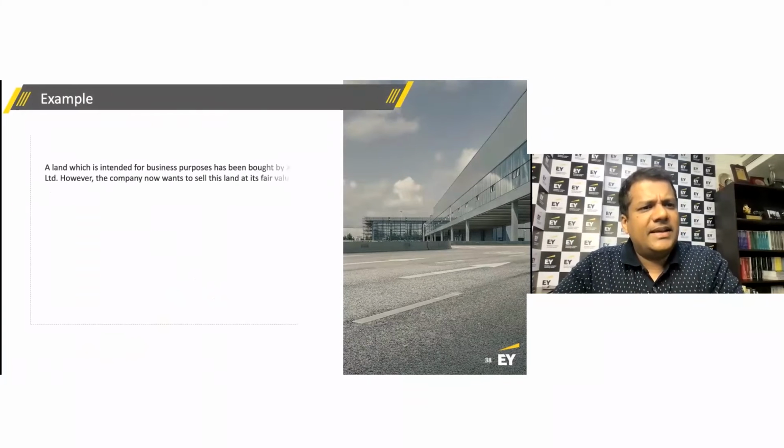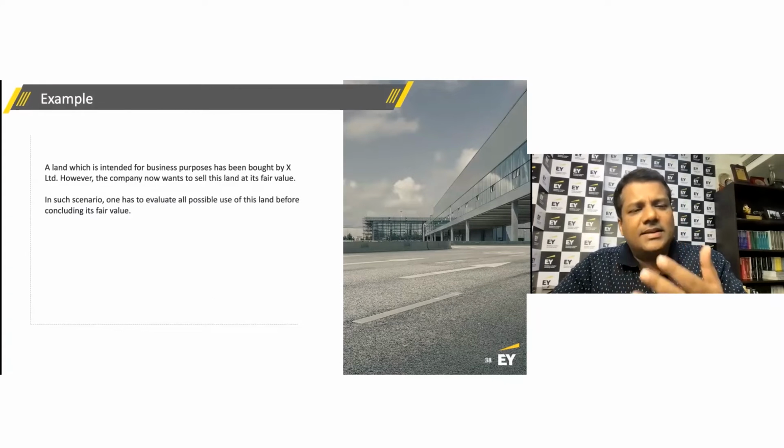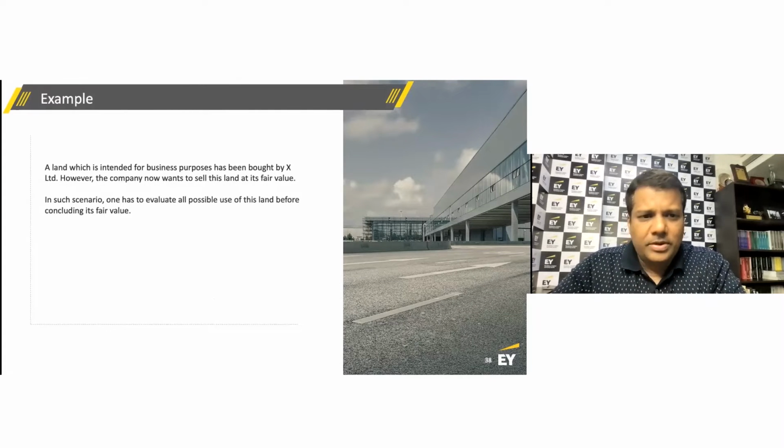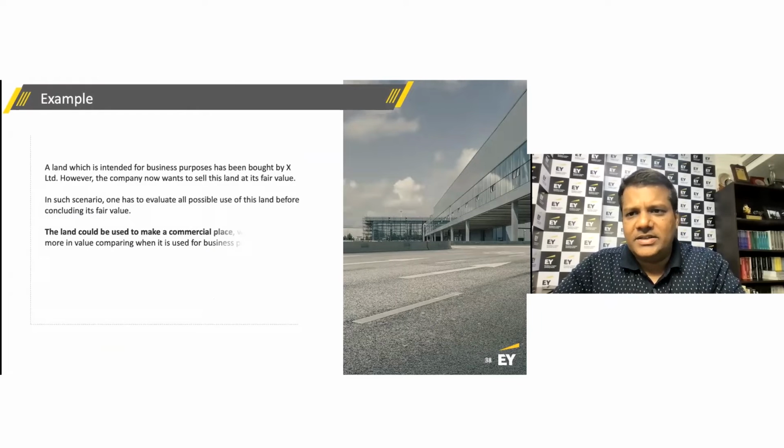So let's take this example. A land which is intended for business purposes has been bought by X Limited. However, the company now wants to sell this land at its fair value. In such a scenario, one has to evaluate all possible uses of this land before concluding its fair value.